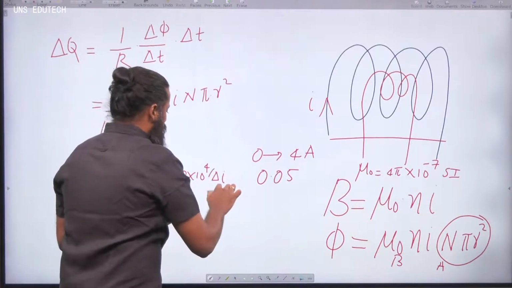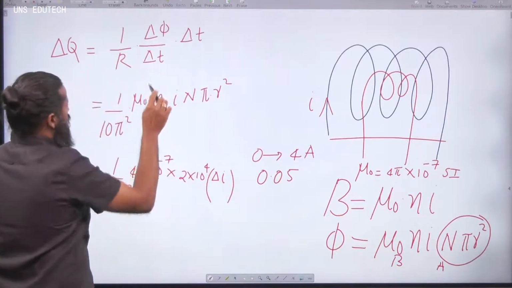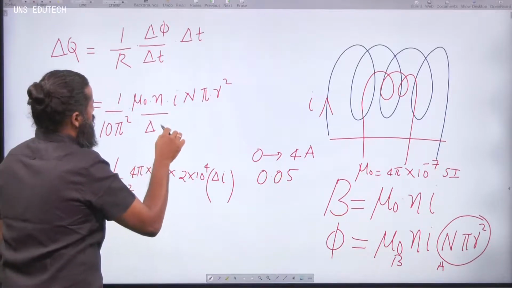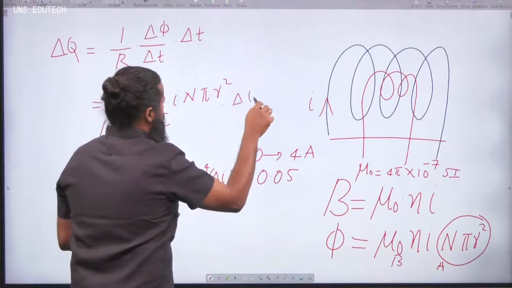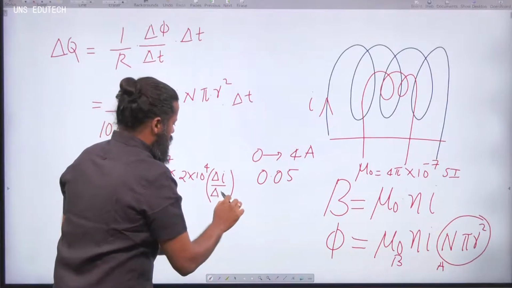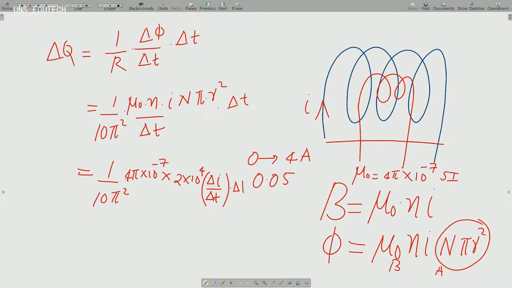So delta I, this delta t I can write down here, here delta t is there, here one more delta t is there, and into delta t. Now you multiplied the mu 0 into n into I, and here one more quantity is there, that is total number of turns N into pi r square, which you also have to multiply.